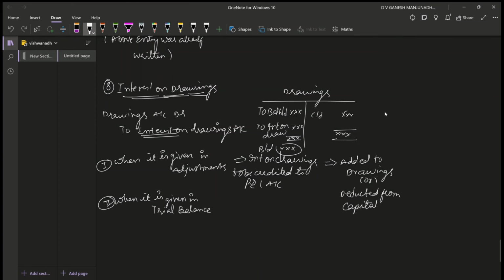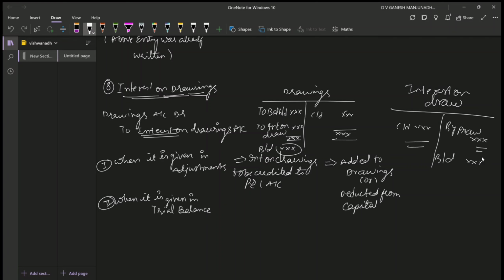And when we see here the interest on drawings account, carried on balance would be written here and brought down balance would be written here. That means it is having a credit balance, so it is simply to be credited to P&L, and nothing is to be done in the balance sheet.